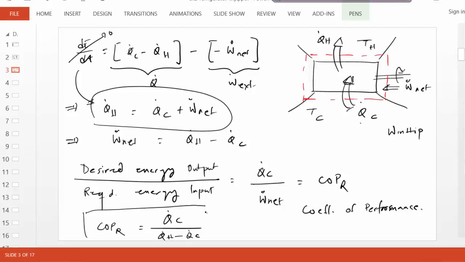Whether a refrigeration system is ideal or not, this will always hold. If you know how much heat is extracted from the cold place and how much heat is thrown into the hot place, from there you can figure out W dot net and therefore the COP.